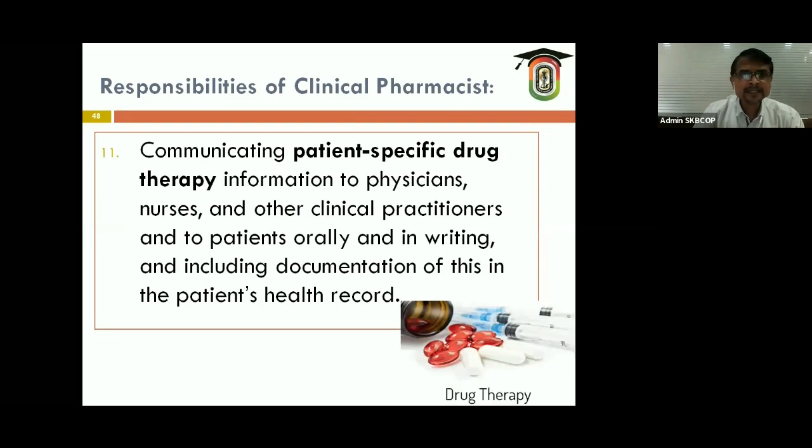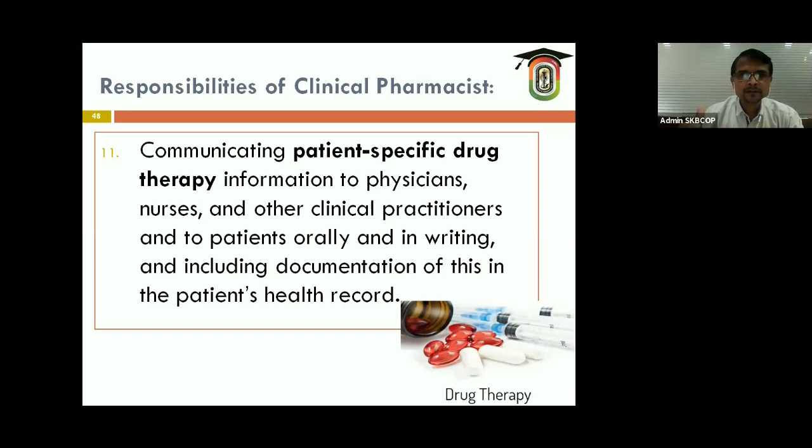Then next is communicating patient specific drug therapy information to physician, nurses and other clinical practitioners and to patients orally or in writing, and including documentation of this in patient's health record. Right?